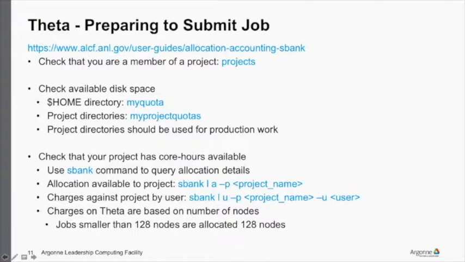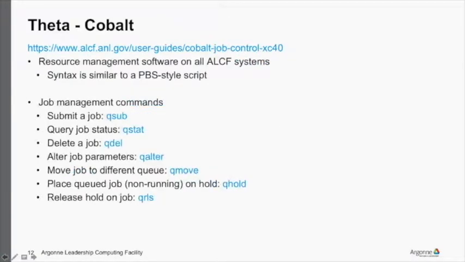If you submit a job for 256 nodes, you'll be charged for those 256 nodes, whether or not your job actually uses those nodes. If you submit a 16-node job to the default queue, your job will get allocated 128 nodes. So although your calculation is only running on 16, you'll still be charged for the full 128. I'll have a few words near the end on how you can make the best use of things in that case.